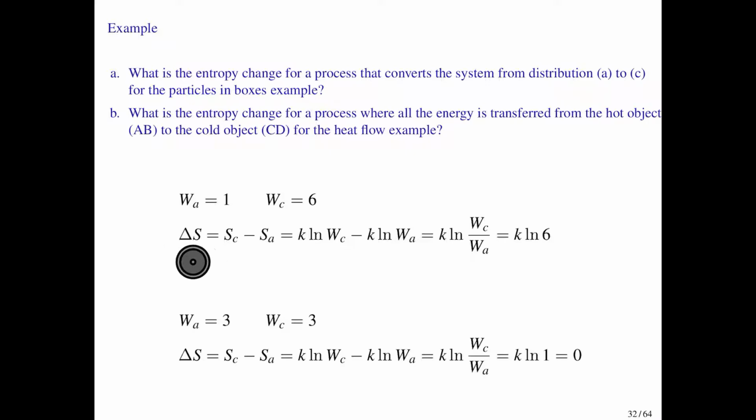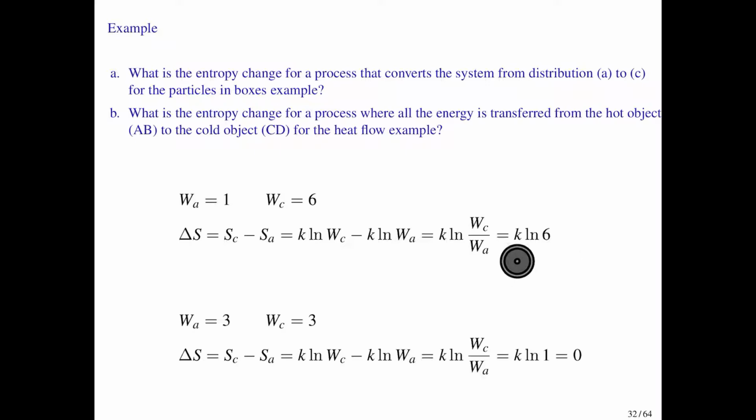We can calculate the entropy change as the difference between the 2 entropies using the microscopic definition of entropy, Boltzmann's constant times the natural log of the number of microstates for macrostate C minus the same thing for state A. We can combine these two into one term using the rules of logarithms, and you just plug in 6 divided by 1, and so you would calculate k times the natural log of 6.